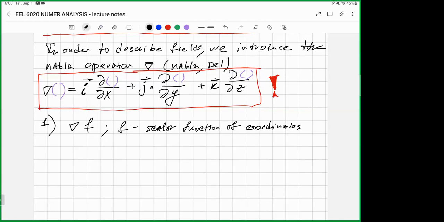It can be potential. In electromagnetics, of course, we have this potential, so it's another example of a scalar function. And when nabla operator acts on the scalar function, we call this a gradient.